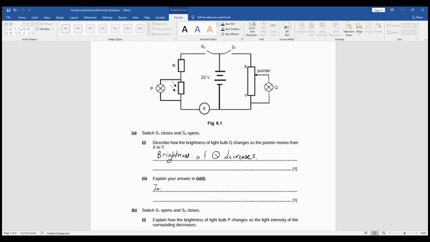Initial voltage. The voltage determines the current.